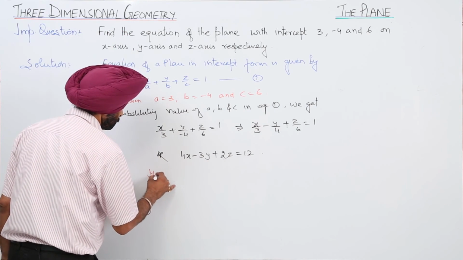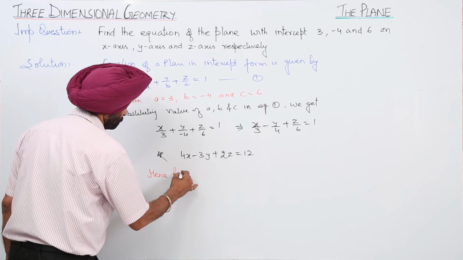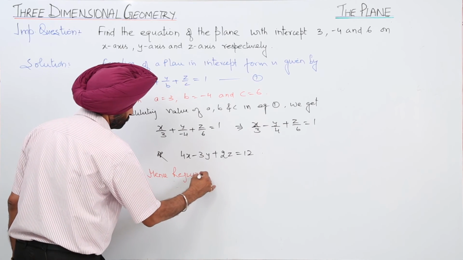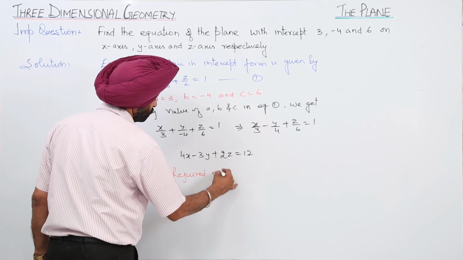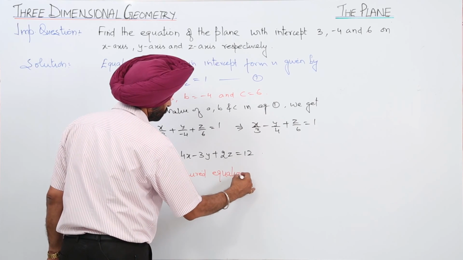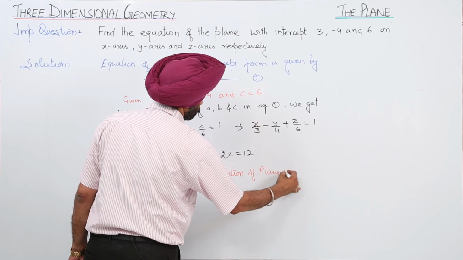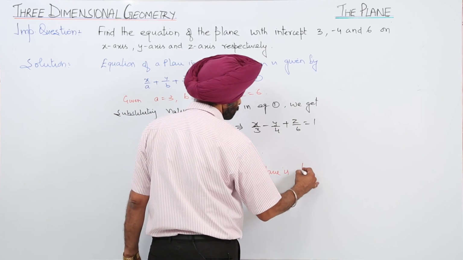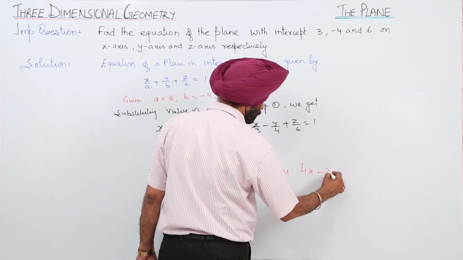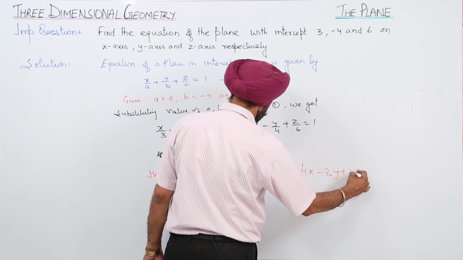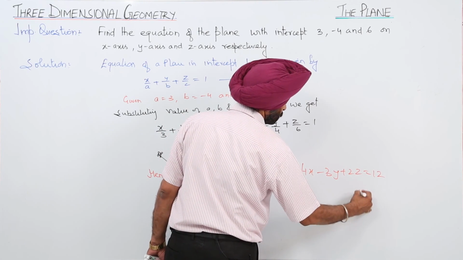Hence, the required equation of plane is 4x minus 3y plus 2z is equal to 12. Answer.